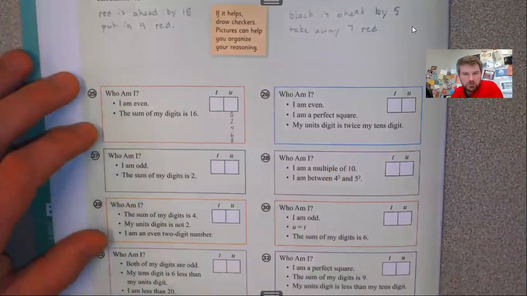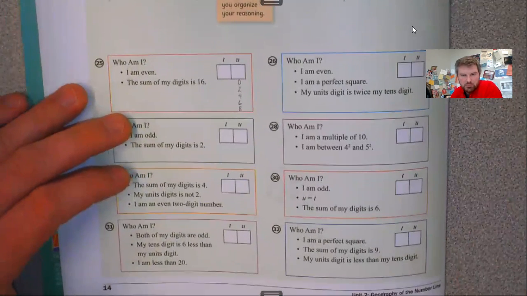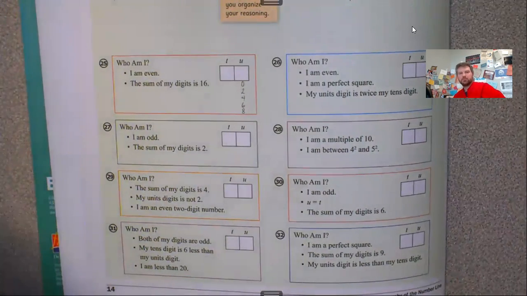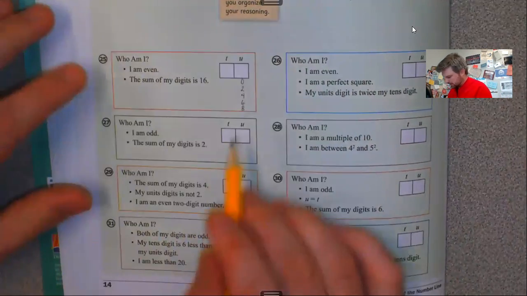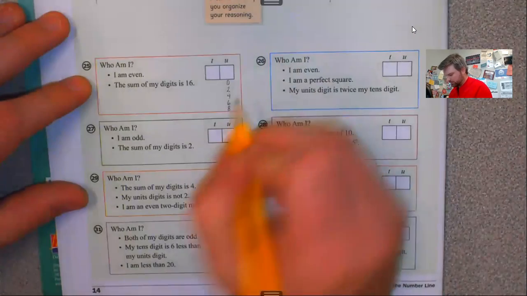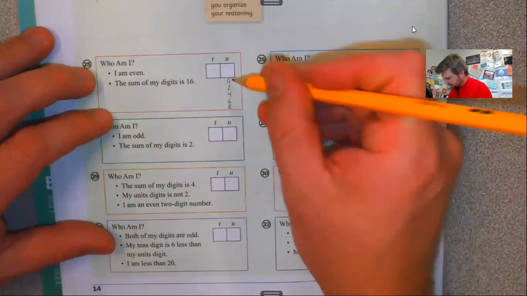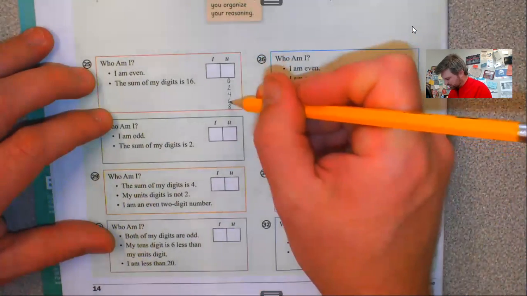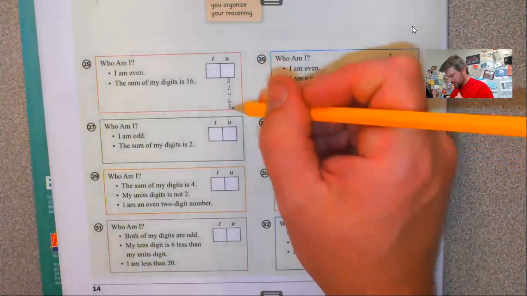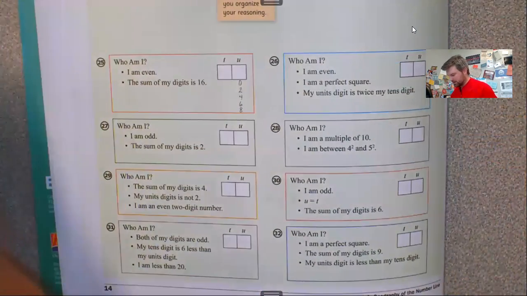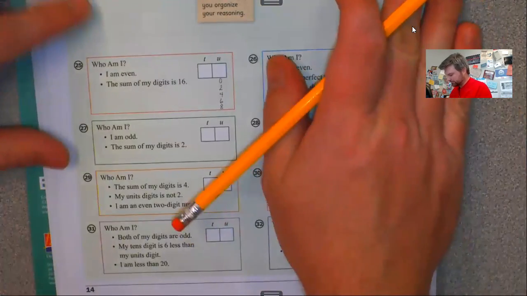Okay, so here's some puzzles, some number puzzles. I kind of like the puzzle we started off with, and notice that they give you a clue of how to work this out. So I'm an even number, so that means this last digit has to be some kind of even number, 0, 2, 4, 6, 8. The sum of my digits is 16.